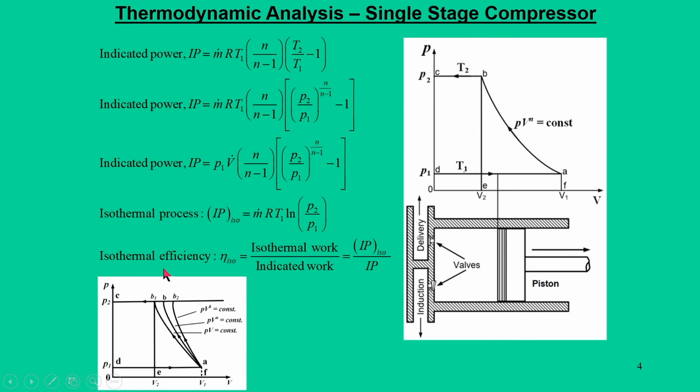Based on this, we can find the isothermal efficiency, that is the ratio of minimum work for the isothermal process to the indicated work.